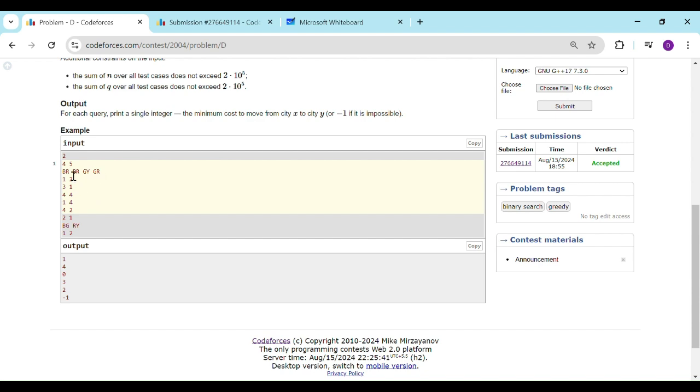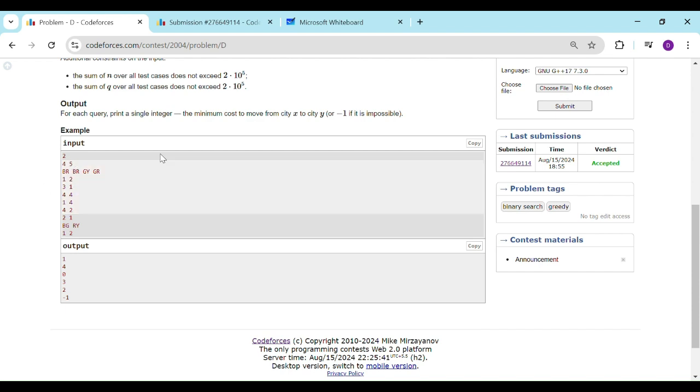Now if you move from BR to GR, then it is still matching because RR is the same. So from GY to GR 1 cost, then GR to BR 3 cost. Total 4 cost, you have moved from GY to BR. So you have to print the minimum cost to move from the city X to Y.